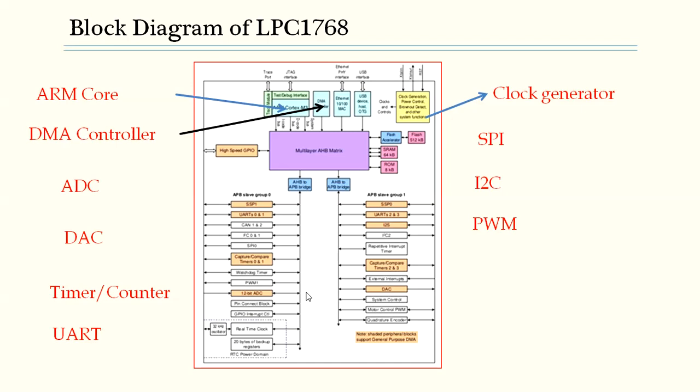The next block is the PWM, that is pulse width modulator. This pulse width modulator is based on the standard timer block, and it inherits all its features, right? Although only the PWM function is used in LPC1768.